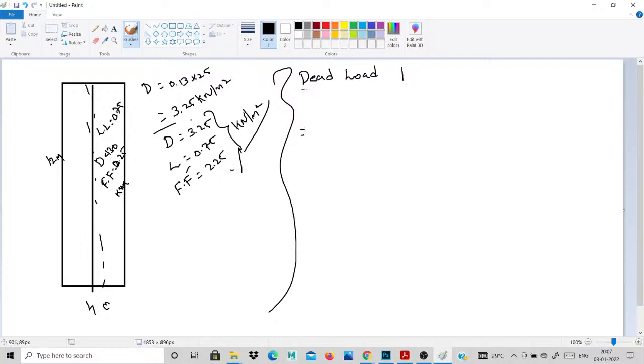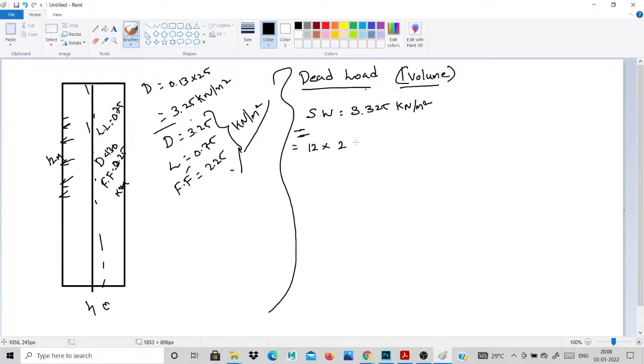First step, the dead load. How much dead load acts on this beam? Our dead load is 3.25 kilonewton per meter square. First, for the dead load, I calculate the volume for my slab. My volume is 12 into 2.